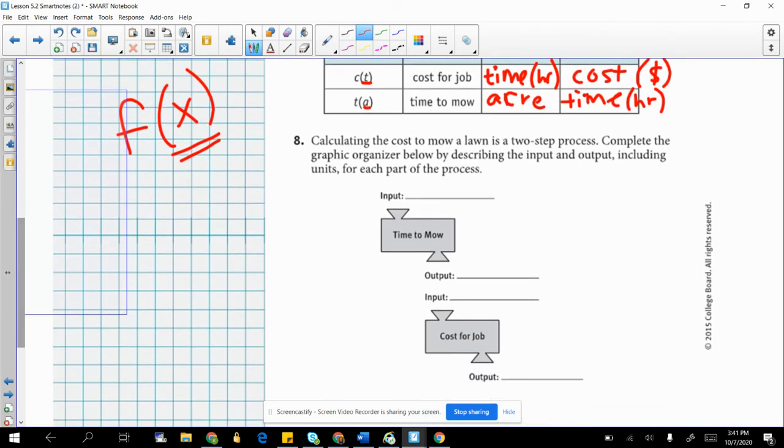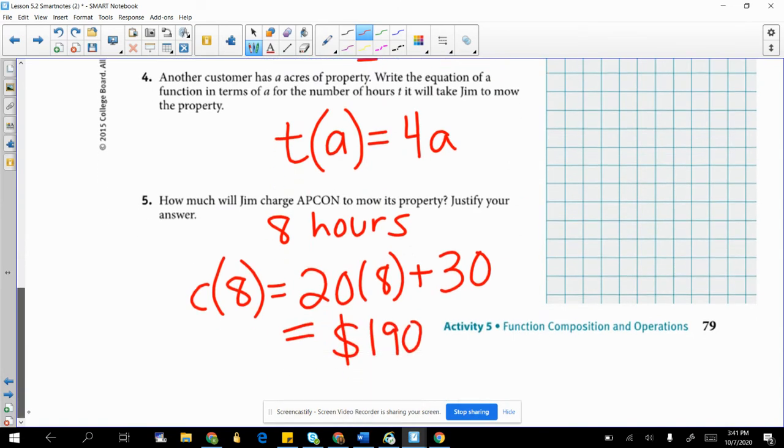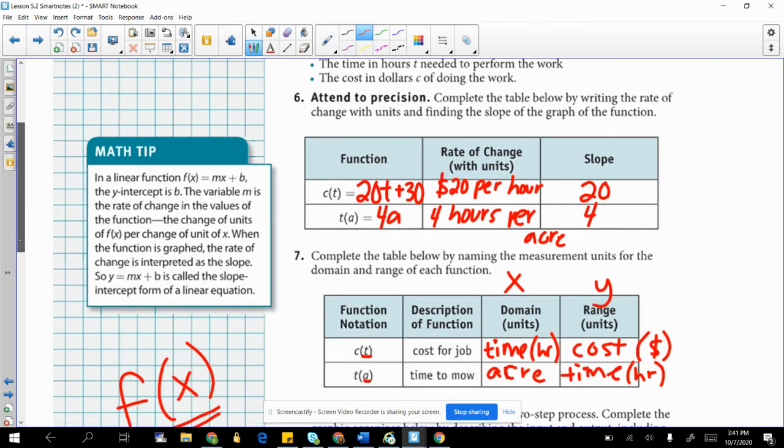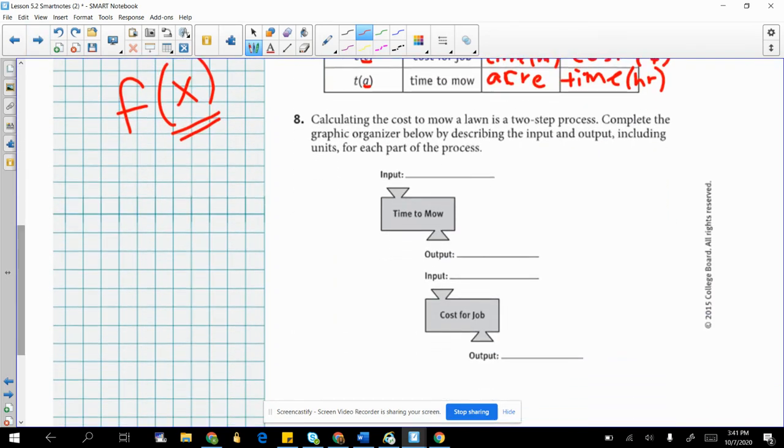All right. Then this next part says, calculating the cost to mow a lawn is a two-step process. Complete the graphic organizer below by describing the input and output, including units for each part of the process. If we go back to this problem, where it asked how much AppCon is going to be charged, the first thing we had to do is figure out how many acres of land they have.